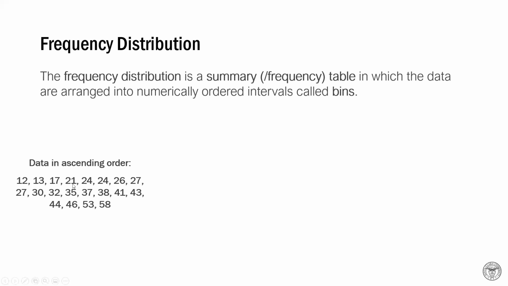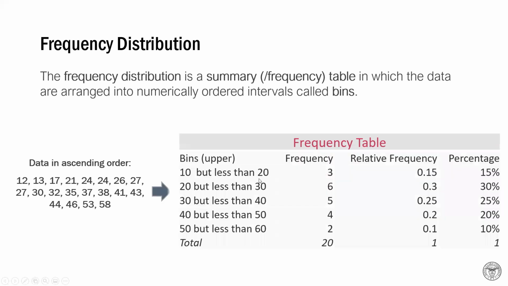So in this case, we use an interval of 10 and categorize them into 5 bins. So we have these 5 bins over here. For example, we have 10 but less than 20 as the first bin, and so on. After that, we count the frequency of each bin and summarize them into this table. Based on the frequency, we can further obtain the relative frequency information or the percentage, like in this frequency table.